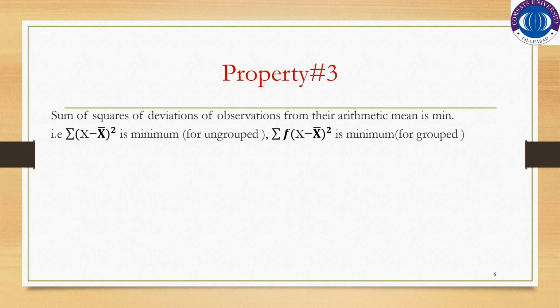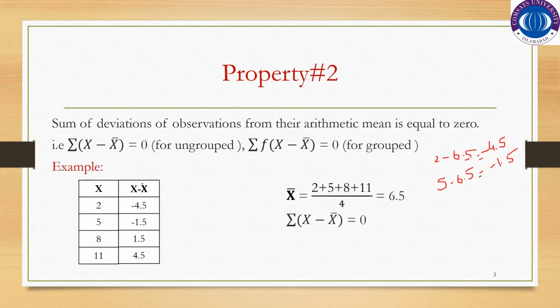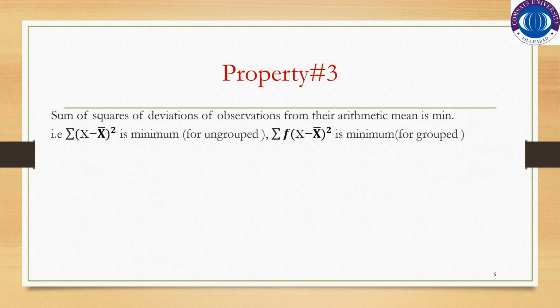The third property of the mean is, the sum of squares of deviations of observations from their arithmetic mean is minimum. In the last property we studied the sum of deviations. Here we have the sum of squares of deviations. It means when we get deviations, we take the square of these deviations and the sum will be minimum.